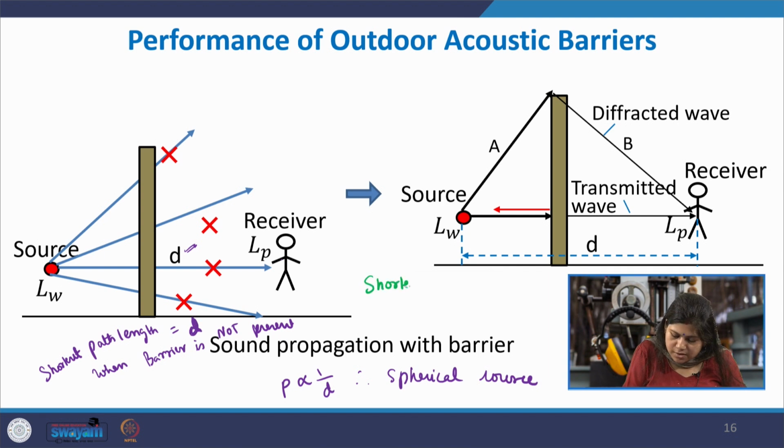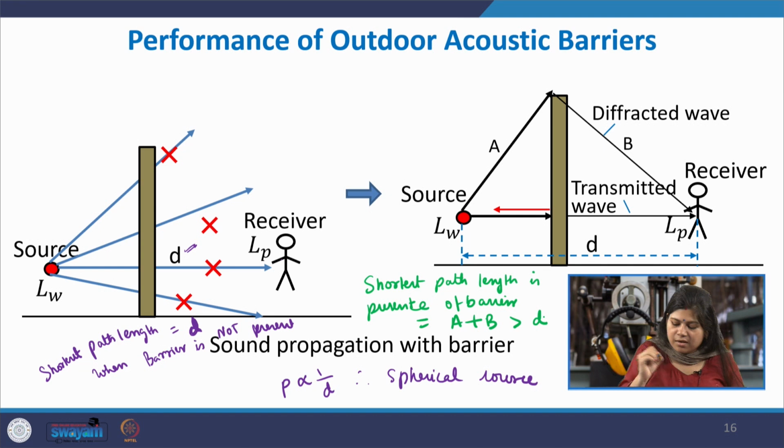The shortest path length in presence of barrier, which is installed in the ground, is now a plus b, which is definitely much greater than d. Okay. So, the path length is increased. So, that is why some attenuation is happening.